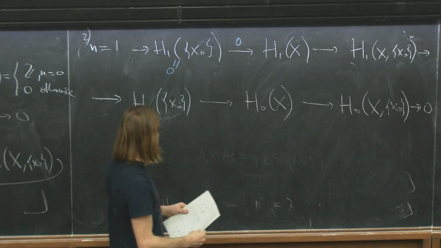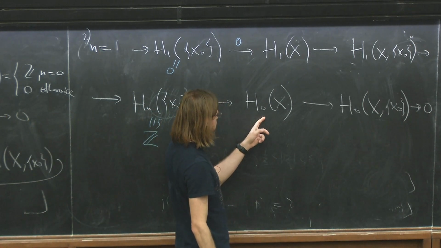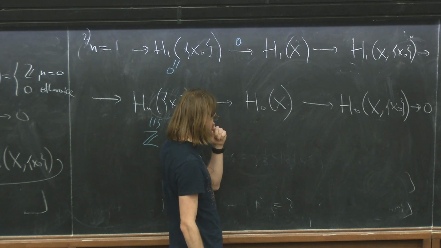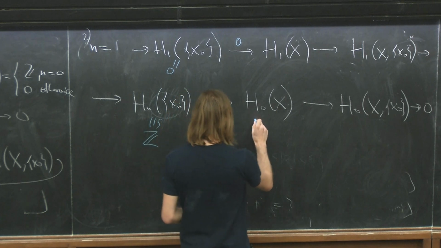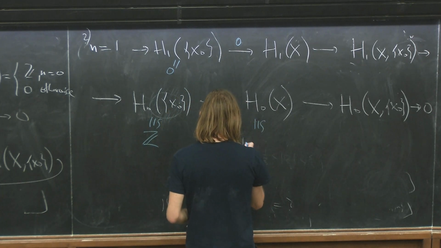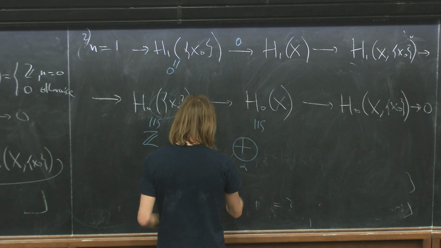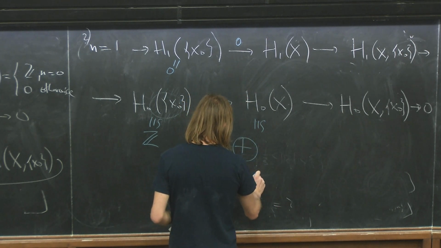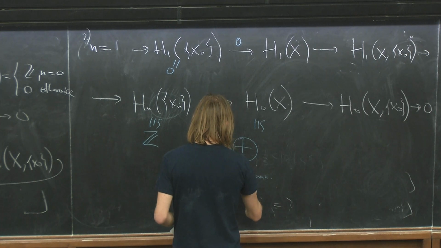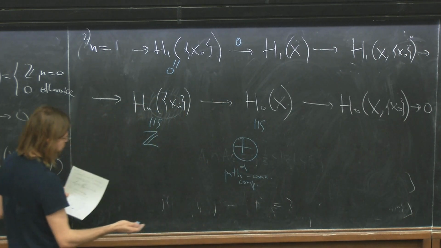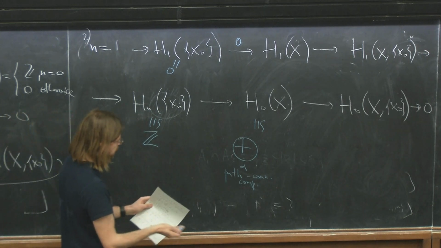Why is that? We already made a general statement about this zero homology group. The zero homology group is given by the direct sum of path-connected components. Any space can be decomposed into a disjoint union of path-connected components.